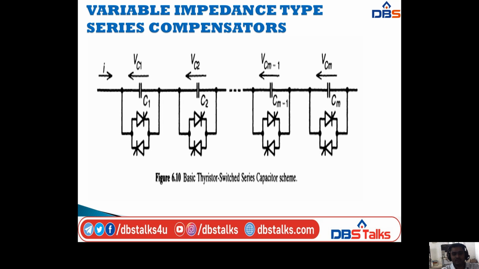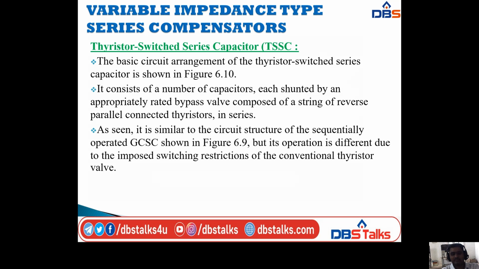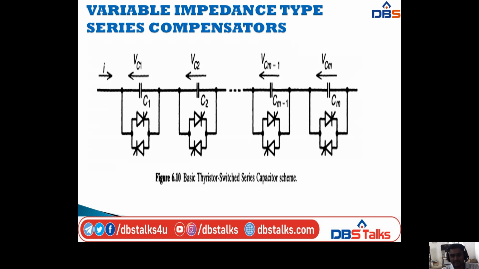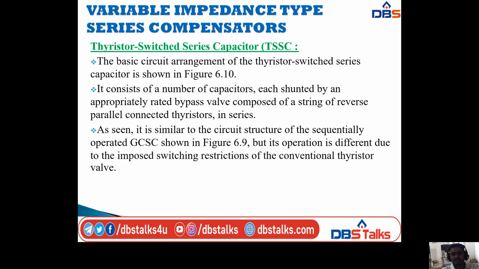Actually the circuit consists of a number of capacitors. If you observe the diagram, you will understand. It consists of a number of capacitors, that is C1, C2, and so on, Cm minus 1 and Cm, each shunted by an appropriately rated bypass valve, that is the thyristor valves or switches.